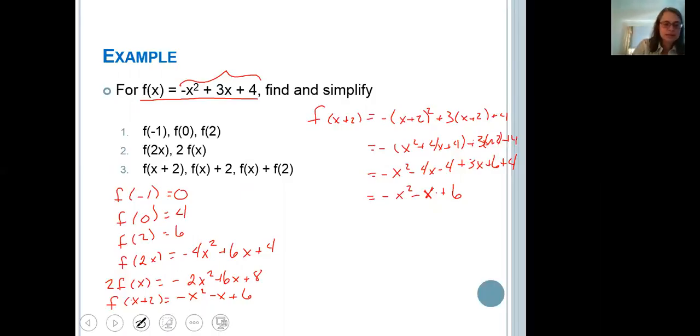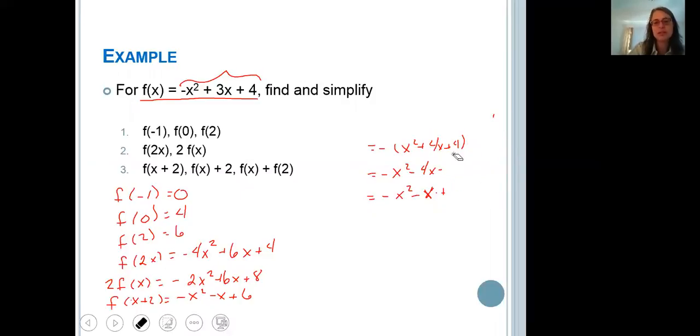All right, let's try this last one. It's pretty simple. The last one says f of x, plus 2. So we're just going to take our function, our negative x squared plus 3x plus 4, and add 2 to it. Let's see how that works out.